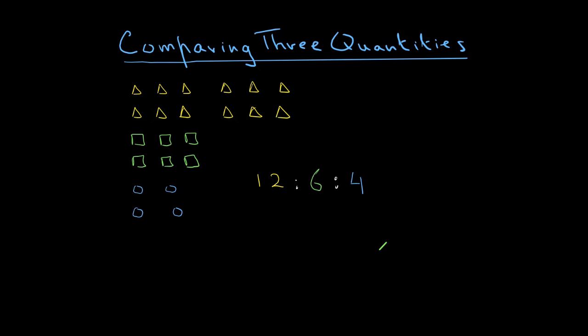So that would be a way to express the quantity of red triangles to the quantity of green squares to the blue circles. That's something that we could do.